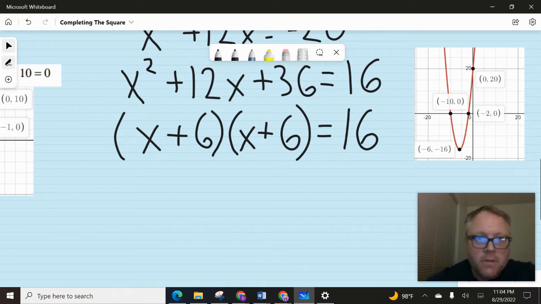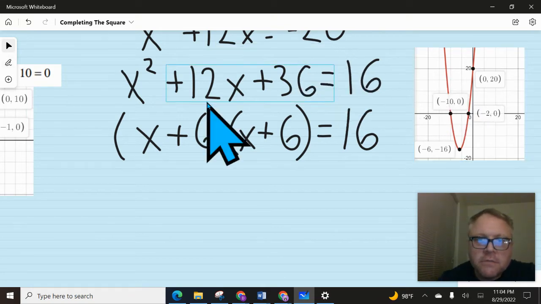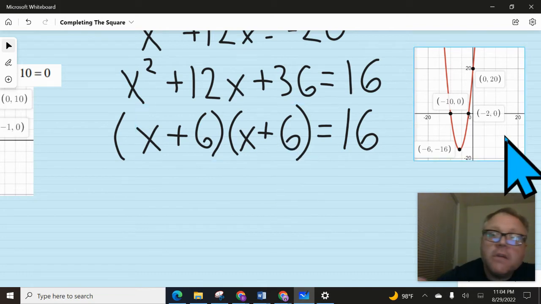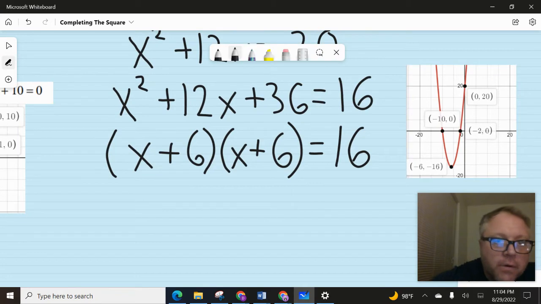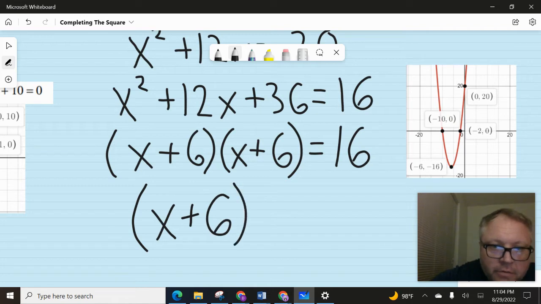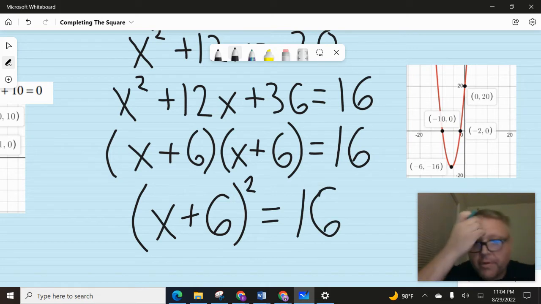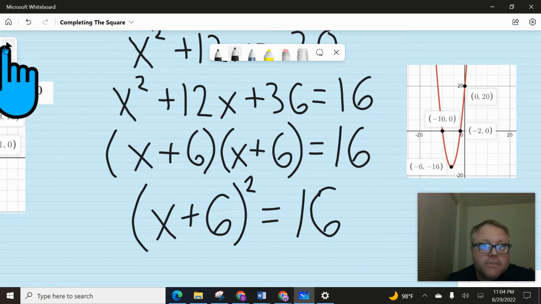Okay, cool. Looking over here at the left, something times itself is just that something squared. If I say it's squared, that just means it has an exponent of 2, equals 16. There we go. Now we can solve for x in 2 steps here.